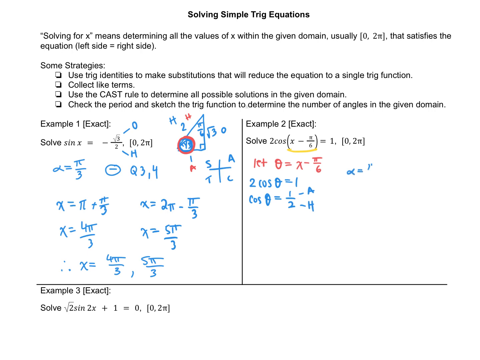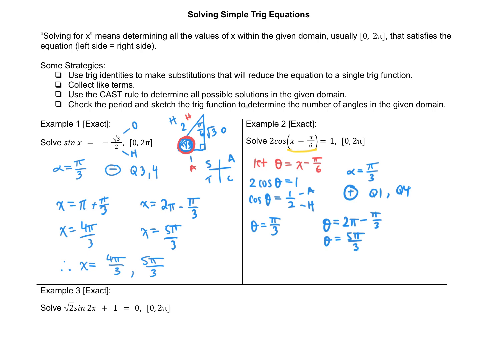So alpha will be pi over 3, and this time our cos ratio was positive, and cos is positive in quadrant 1 and quadrant 4. So that means theta is equal to pi over 3 in quadrant 1, and in quadrant 4, it's equal to 2 pi minus pi over 3, which is 5 pi over 3.